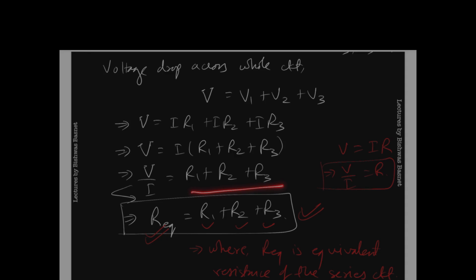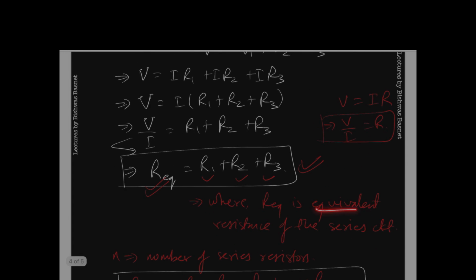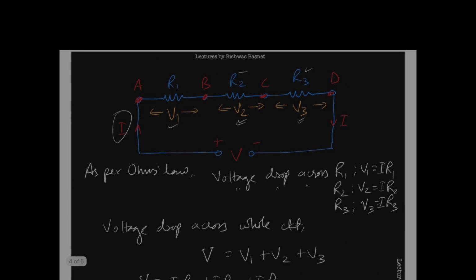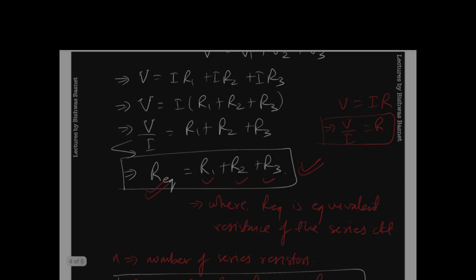And the relation holds that R equivalent is R1 plus R2 plus R3. Got it? Yeah. So it's the equivalent resistance of the series circuit. Since the derivation came from a series circuit of interconnected resistors, we'll call this relation, which is true for a series circuit, the equivalent resistance of the series circuit.